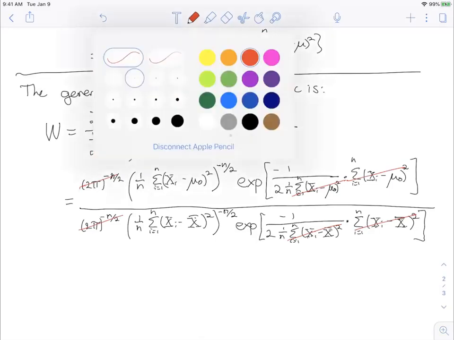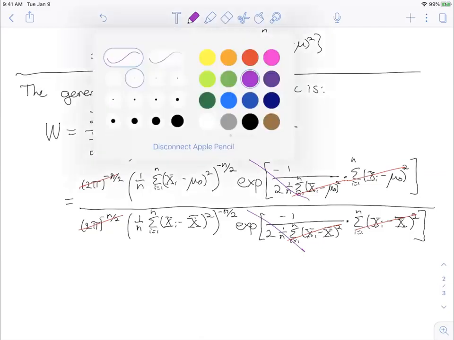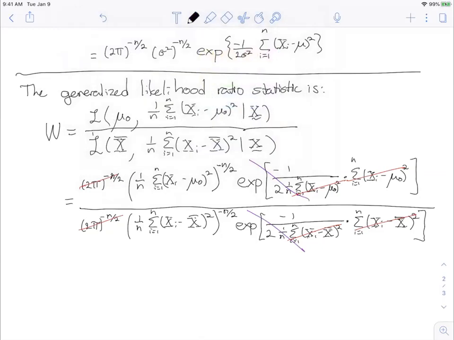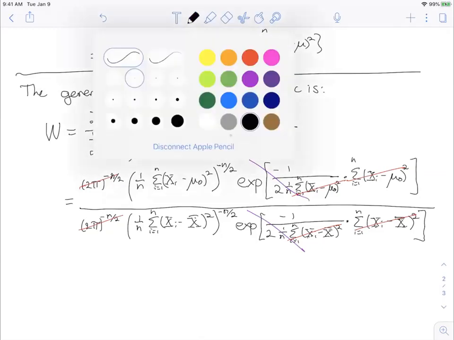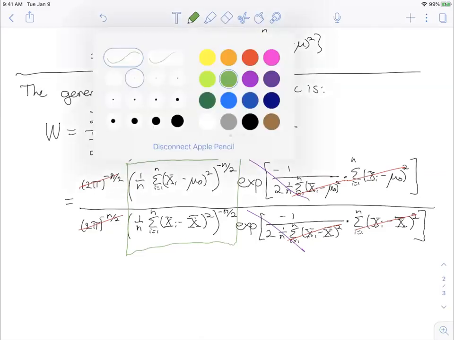And then if you've done that, let's switch to a different color, then what's left here is e to the power of negative 1 over 2 times 1 over n, and in the denominator, there's e to the power of negative 1 over 2 times 1 over n. So those cancel out. And so all that's left basically is the stuff in the middle here. So the only thing that we didn't cancel out just now was this. So we'll keep that as we go to the next step.